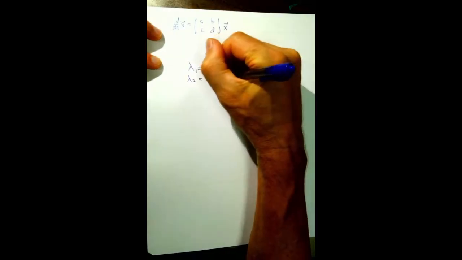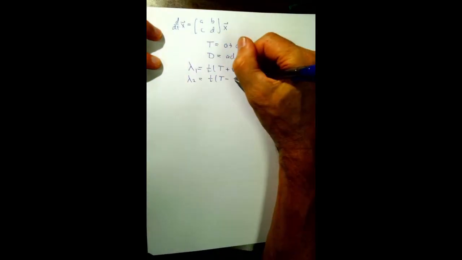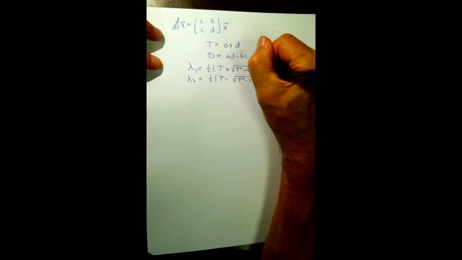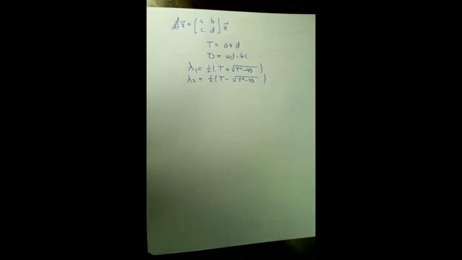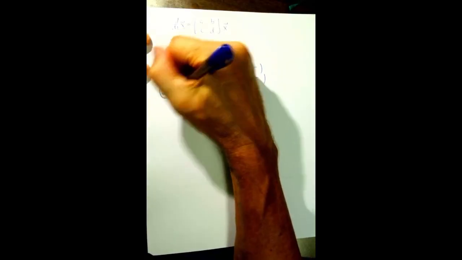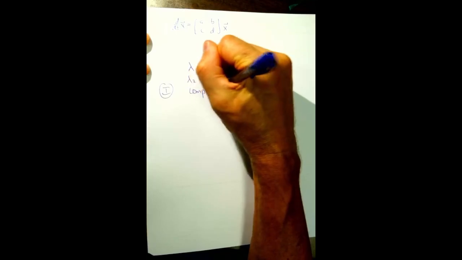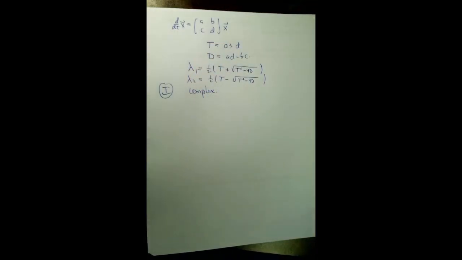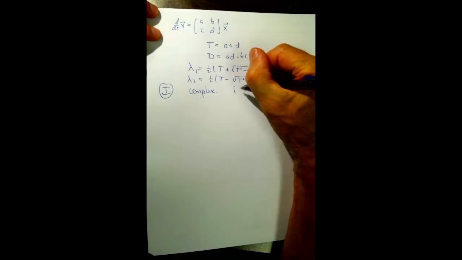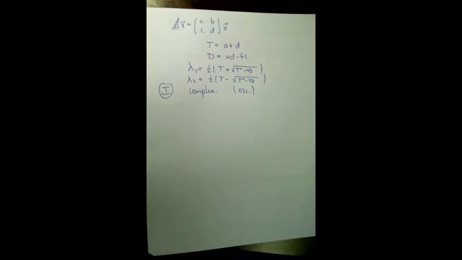And lambda 2 is 1/2 quantity T minus the square root of T squared minus 4D. Case 1 is if I have complex valued roots, and this is going to either be stable or unstable. Regardless, I know it's going to oscillate.